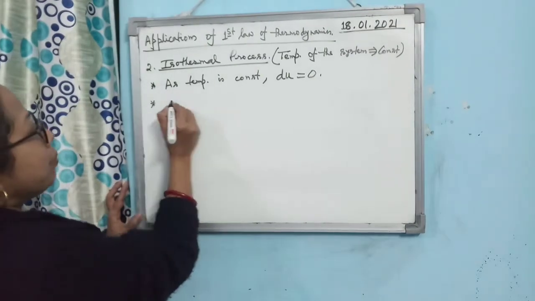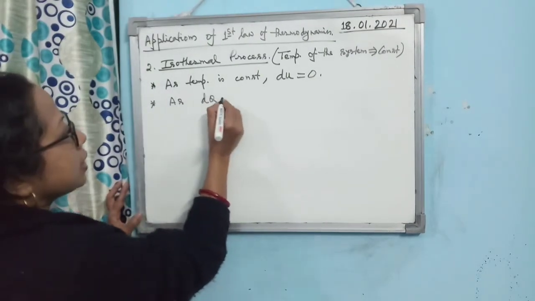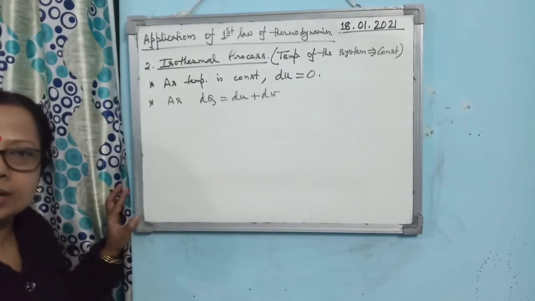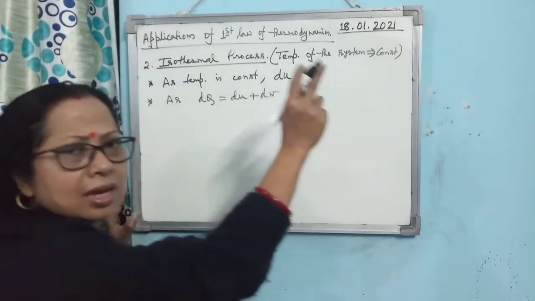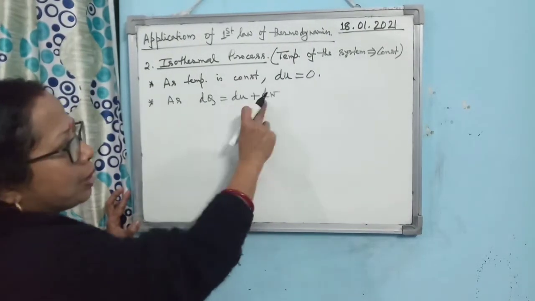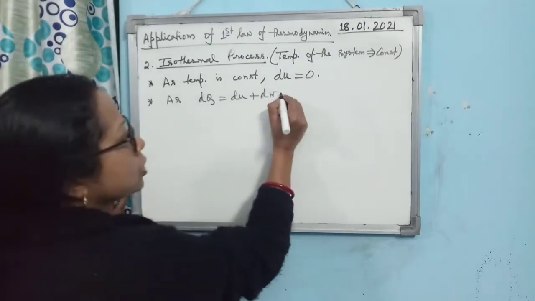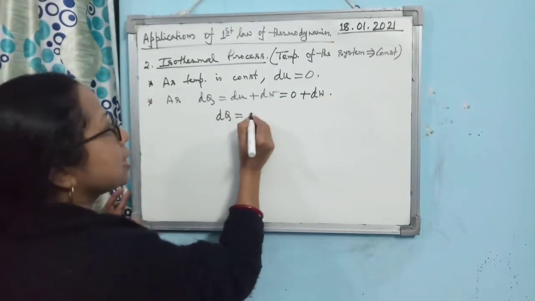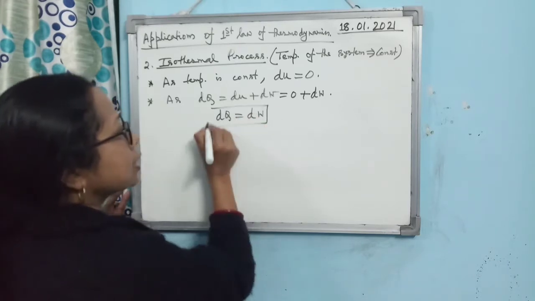So as dQ is equal to dU plus dW according to the first law of thermodynamics, I am not repeating it each time because now you know where it comes from. What are you getting? 0 plus dW, so just like the cyclic process you have got the same result.